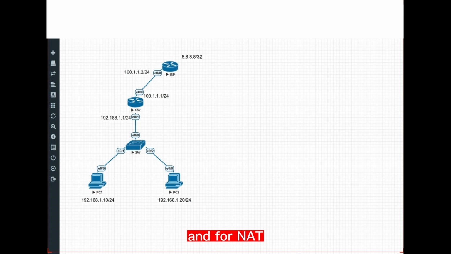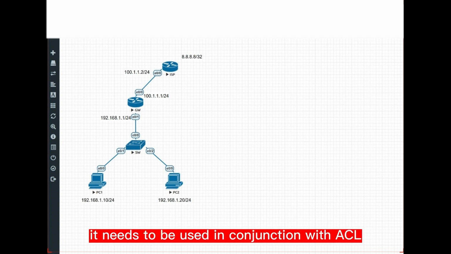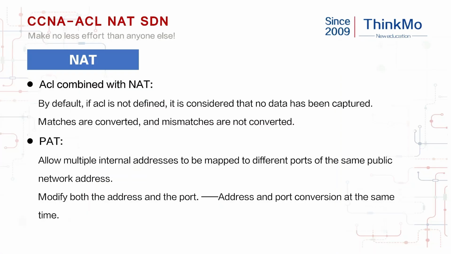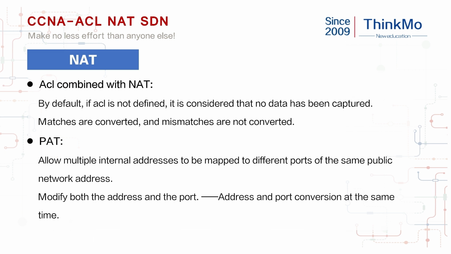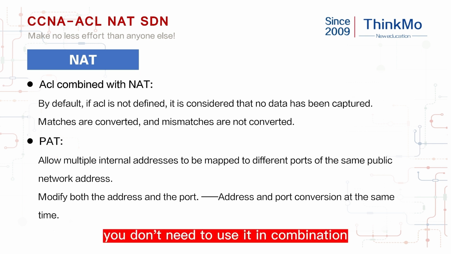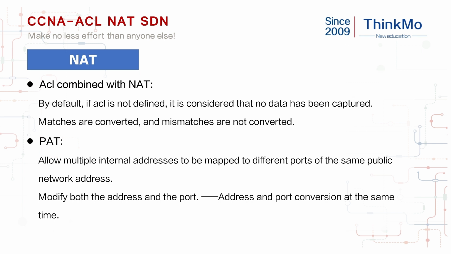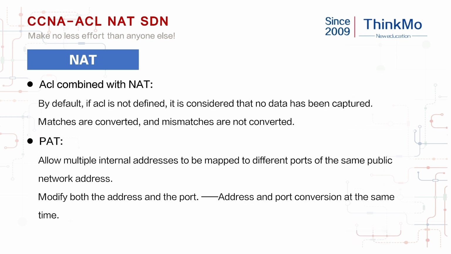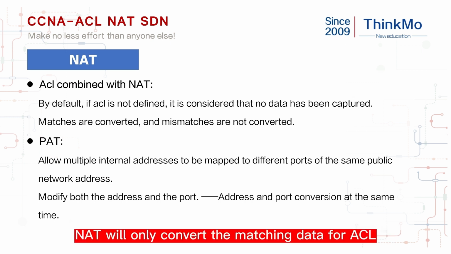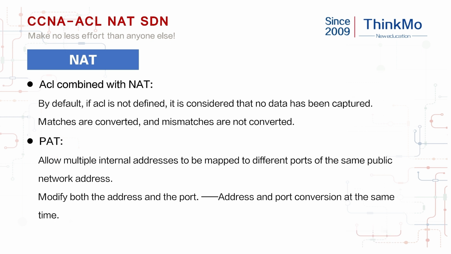And for dynamic NAT, it needs to be used in conjunction with ACL. ACL and NAT can be used in combination, unlike static NAT, which you don't need to use in combination. By default, if this ACL is not defined, then it is assumed that we have not obtained any data. NAT will only convert the data matching the ACL.